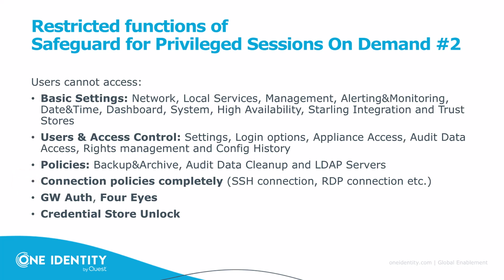We removed it. Gateway authentication and 4 eyes are also not available because they are configured from the SPP side. And finally, the credential store unlocking is not available. The reason is that there's no need for it, because the credential store is now on the SPP side, not the integrated SPS credential store.